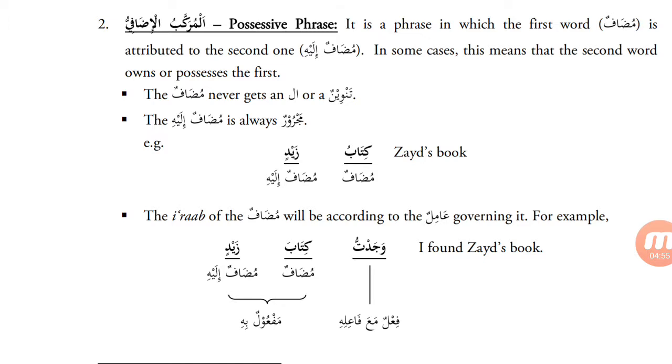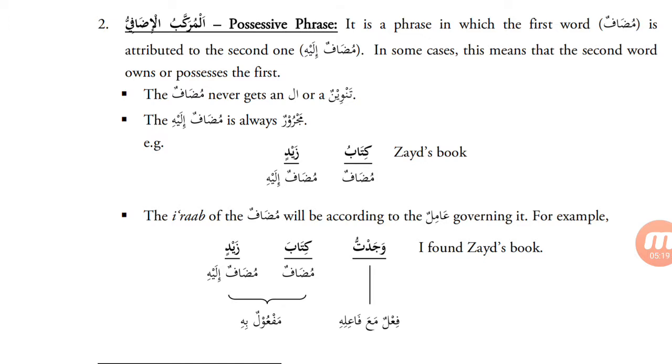So these are examples of murakkab ghair mufid, a compound of two or more words which is not a complete sentence. So al-murakkab al-idafi is a phrase in which the first word, mudaf, is attributed to the second one, mudaf ilayh. In some cases, this means that the second word owns or possesses the first.